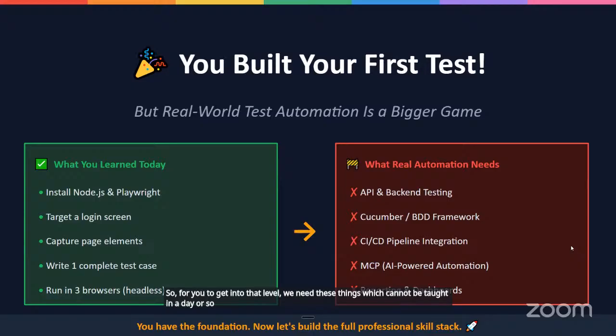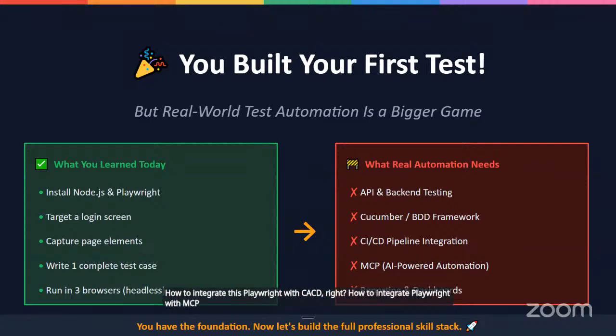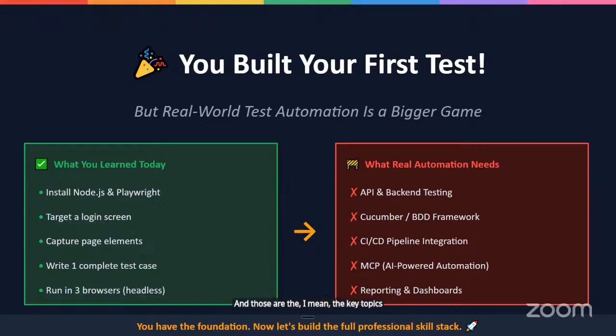We need to know how to do API testing, backend testing, how to use the Cucumber framework, how to integrate Playwright with CI/CD, how to integrate Playwright with MCP, what kind of reports are available, and what kind of dashboards are available. Those are the key topics which will be applicable in a job right away.